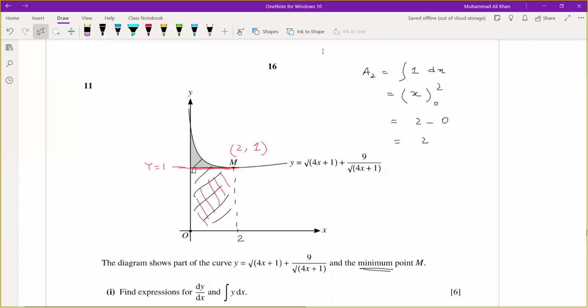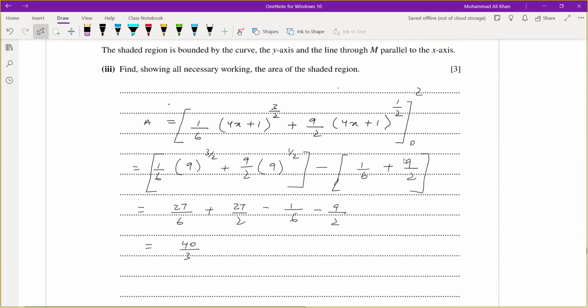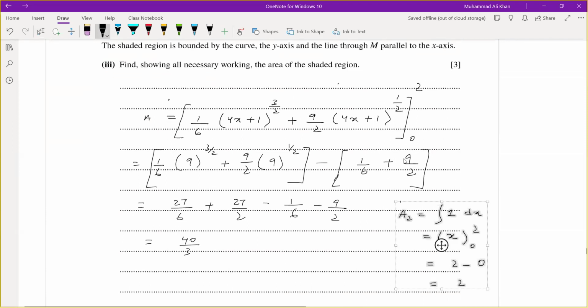This extra red area under the line is an area of 2. We have to subtract it from the area under the curve that we calculated. This is A2, and let's say this is A1. Therefore the final result will be A1 minus A2. So 40 over 3 minus 2. 40 minus 6 is 34 over 3.